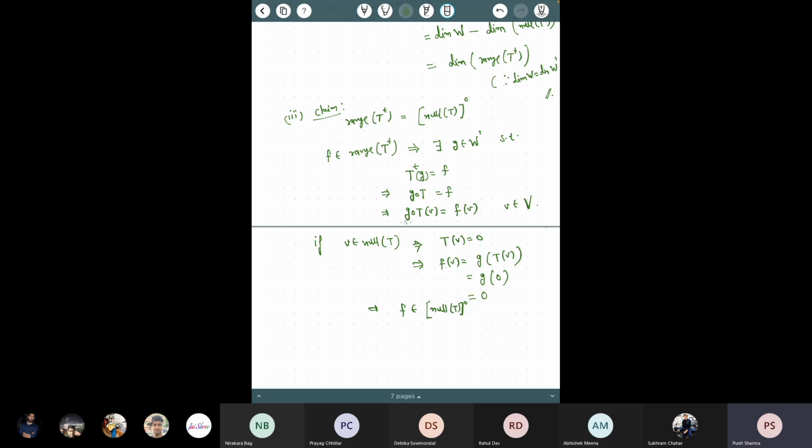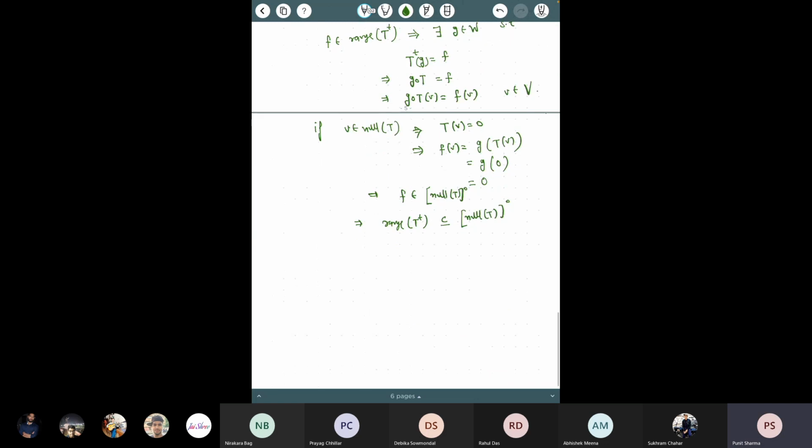So because of this, if I take any element in the range of T transpose, then that element f belongs to the null of T annihilator. So we have shown one side containment. So this implies that range of T transpose is contained in null of T annihilator.